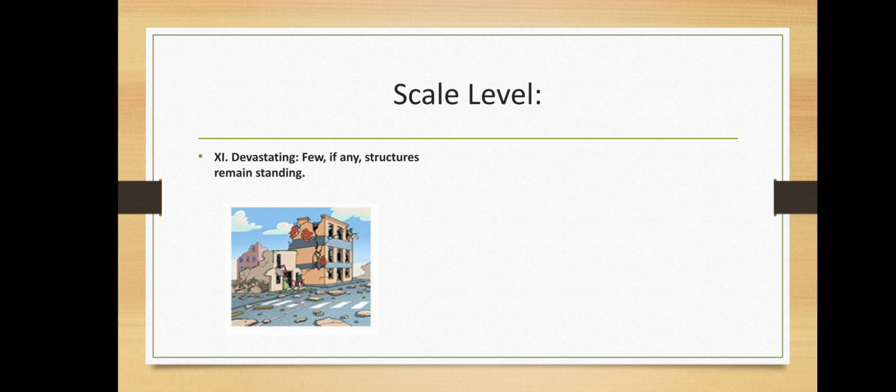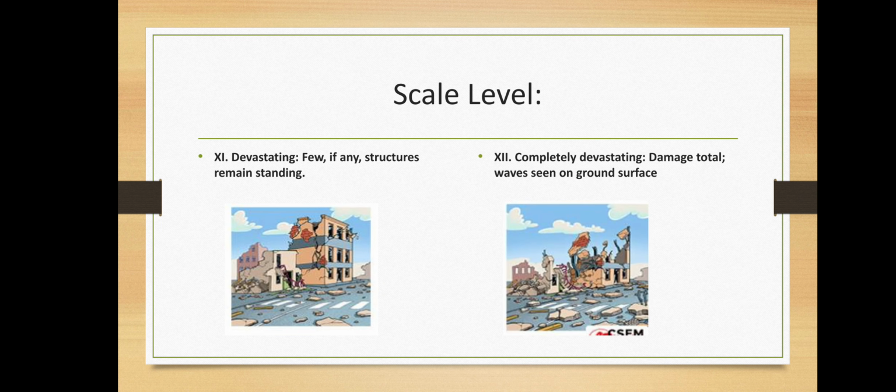The landscape is altered and ground cracks are widespread. Devastation is extensive. Level 12, completely devastating. Total destruction is widespread. No structure remains standing and the ground surface might exhibit waves or other significant deformations.